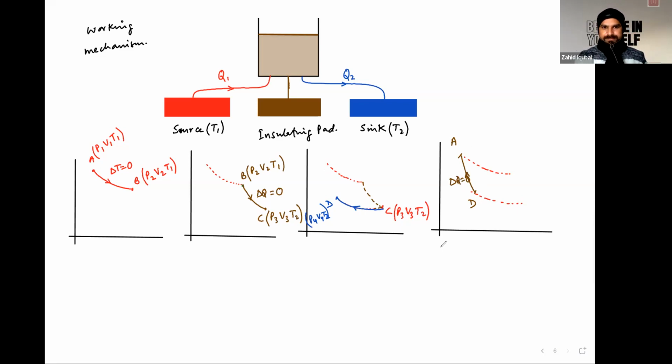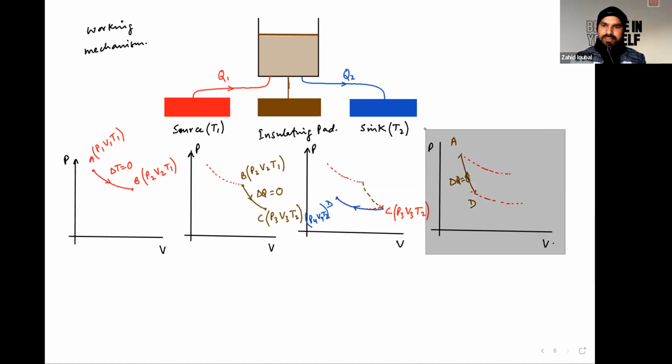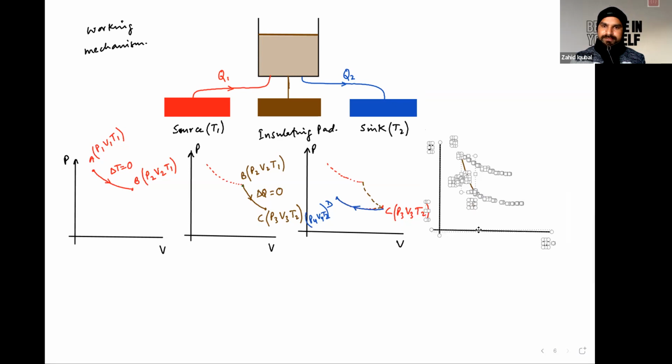Is it clear? Yes, sir. So this is the entire process of this heat engine. PV curve, first draw this, then I'm defining the different parts individually.